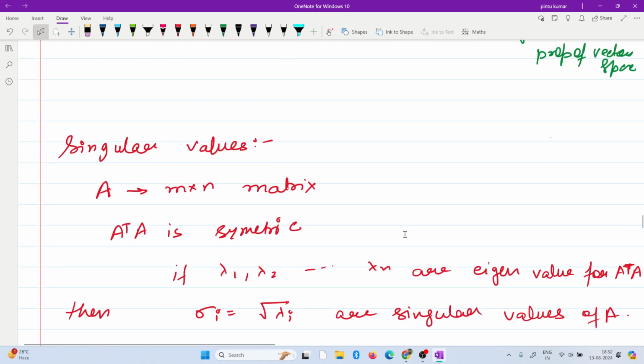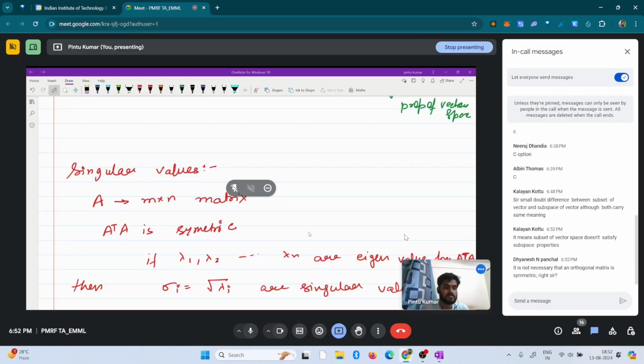Okay. So it is necessary for an orthogonal matrix to be symmetric. Let me just think about it.